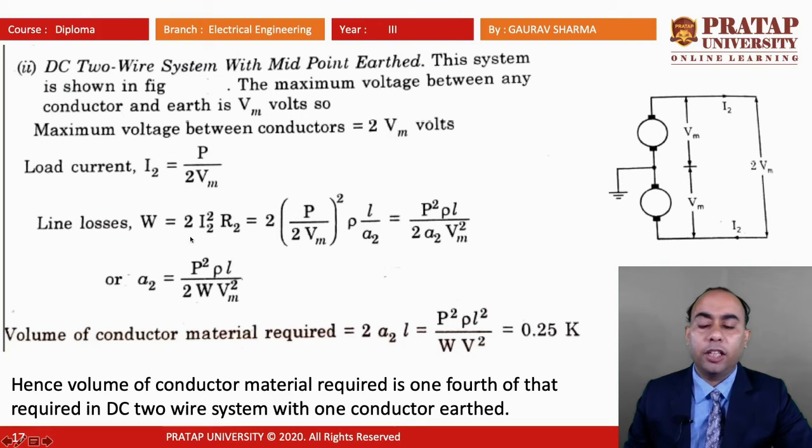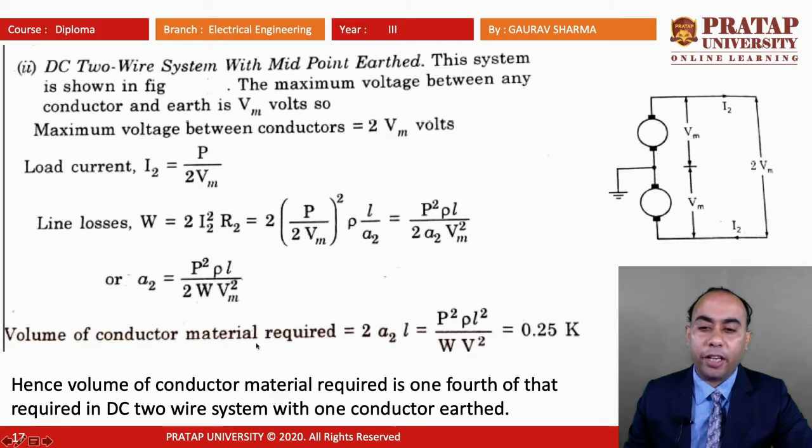Line losses are W, equal to 2 I2 square R2. We put in the value of I2 from the load current, and R2 is rho L upon A2, where A2 is the area of the conductor, and we calculate its value.